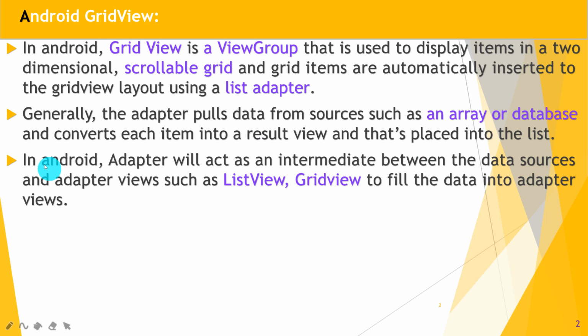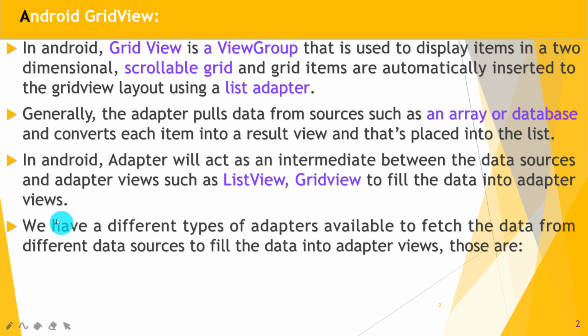So in Android, the adapter acts as an intermediate between the data source and adapter views such as list view and grid view. We have already seen what is meant by adapter, which is an intermediator between the data source and adapter views. To fill the data into adapter views, we use an adapter.